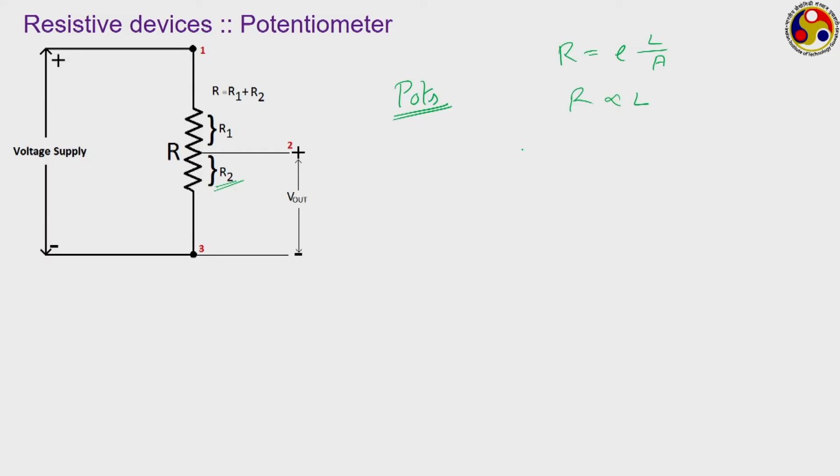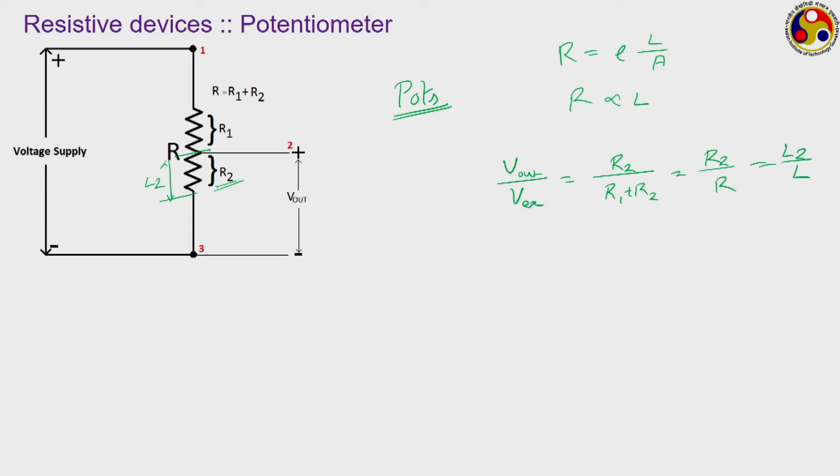So, what will be the relation between your output voltage and the supply voltage? Your output voltage divided by your supply or excitation voltage should be equal to R2 divided by the total resistance R1 plus R2, or R2 by R, and resistance being proportional to length, this can be L2 upon L, where L2 is this particular length we are talking about, and L is the total length of the resistor.